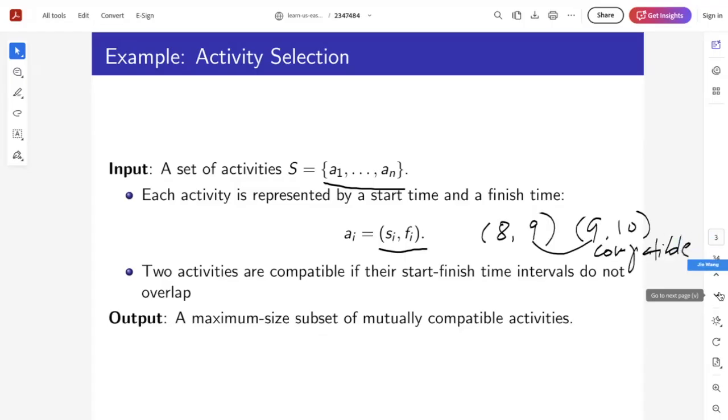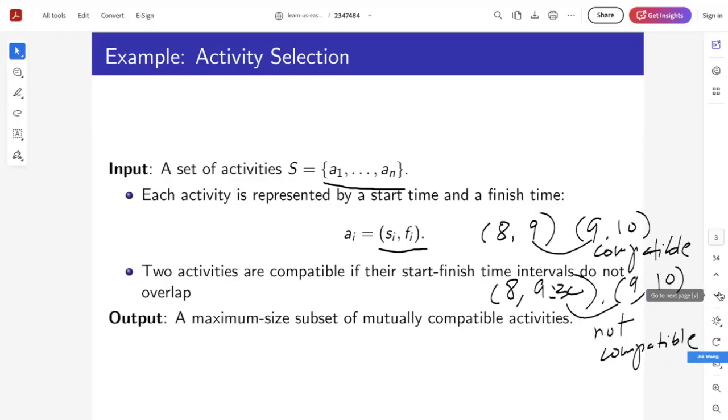On the other hand, if you have an activity, let's say a class, that starts at 8 and ends at 9:30, and then there's another class that starts at 9 but ends at 10, then these two are not compatible because there is a 30-minute overlap for these two activities.